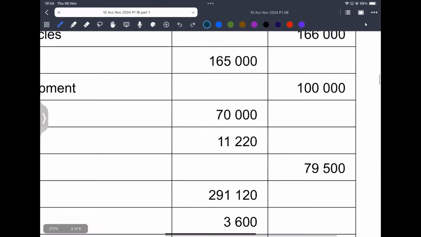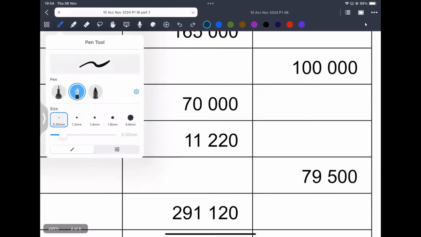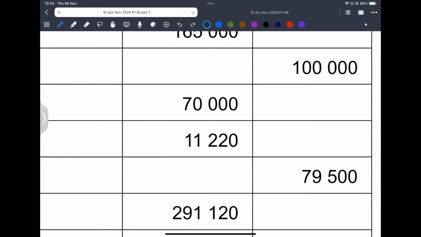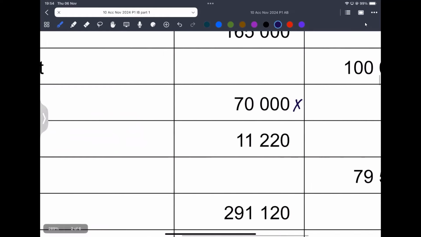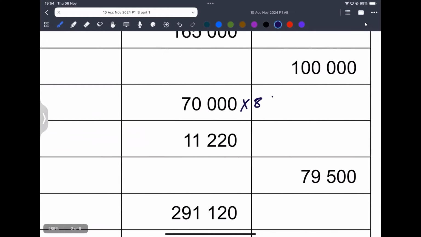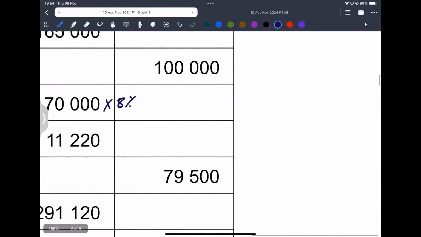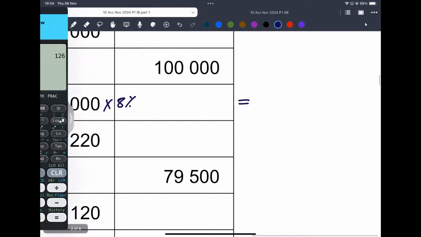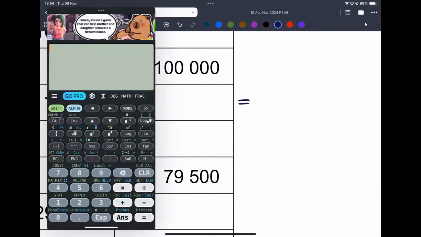So we've got the fixed deposit of 70,000. So what I'm going to do is to take the 70,000 multiplied by my interest rate, which is 8%. It'll give me interest for the entire year. How much will that interest be? So you will say 70,000 rand multiplied by 8%. It gives me 5,600.